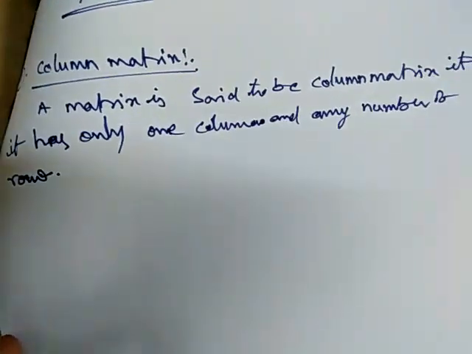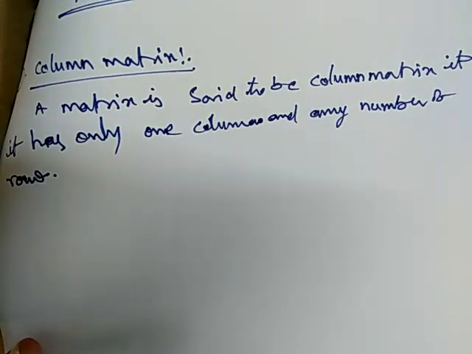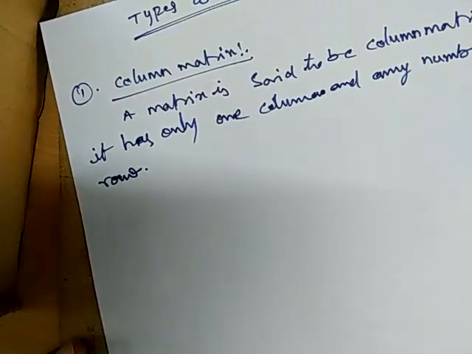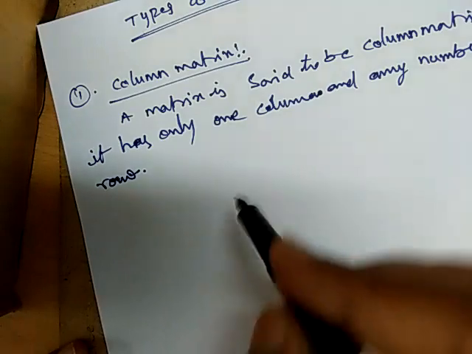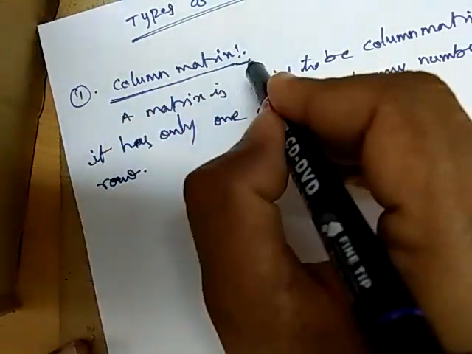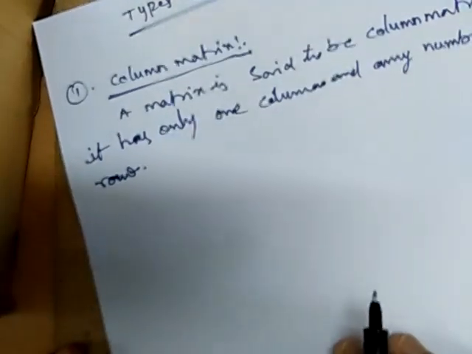Irrespective of the number of rows, we should have only one column. So that type of matrix is called a column matrix.